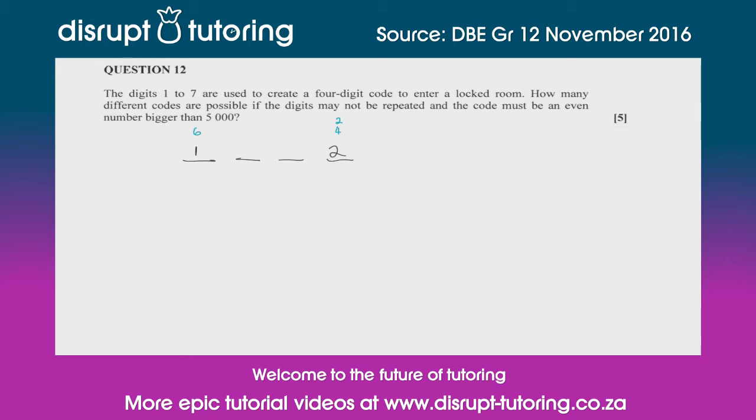Right, so now we need to figure out what's going to go in each of these blocks over here. If we've already used a number here and a number here, and we have a total of 7 different digits, that means we've already used one and we've used another, and the numbers can't be repeated.